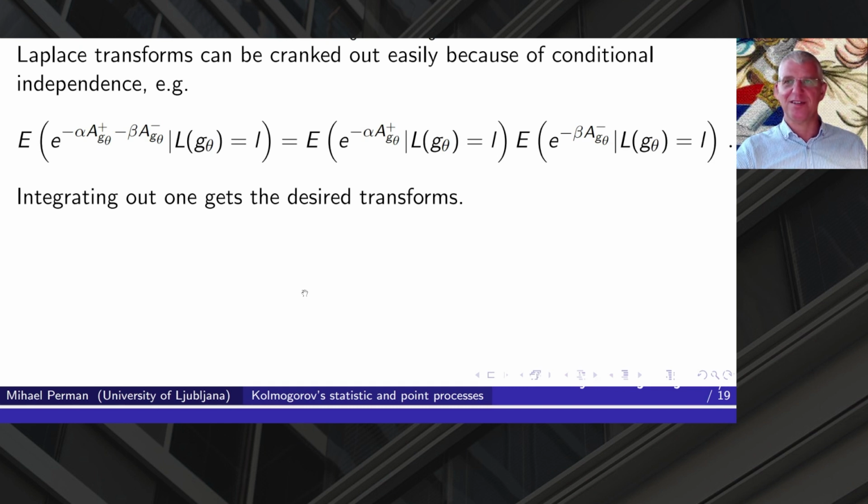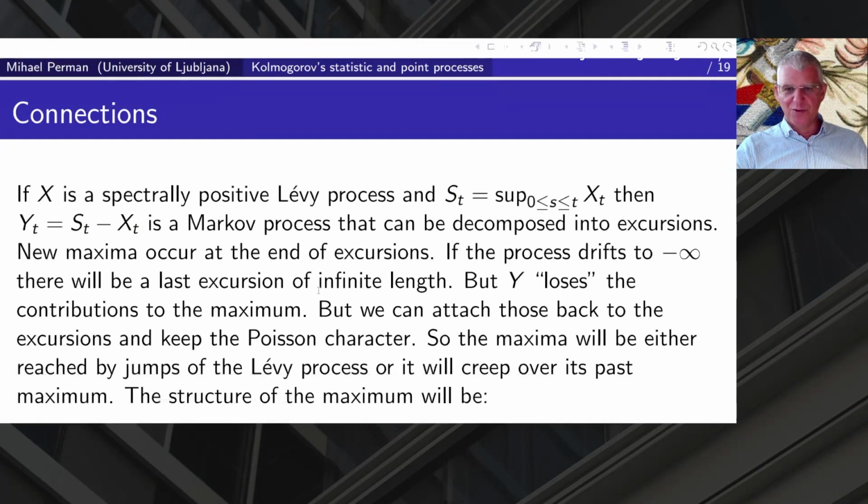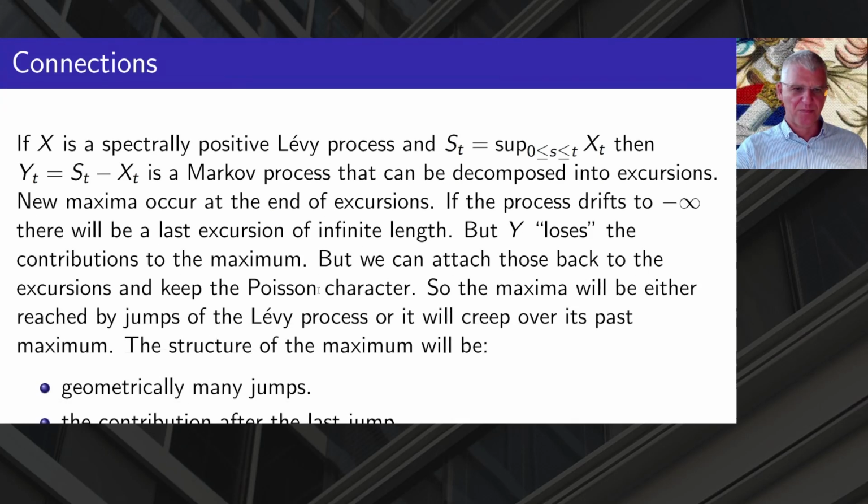If you mark a simple Poisson process on the line, or if you mark a Poisson process in an abstract space, that's the same thing. And there are other connections that have to do with spectrally positive Levy processes, but I believe I will stop here because I believe I'm out of time.